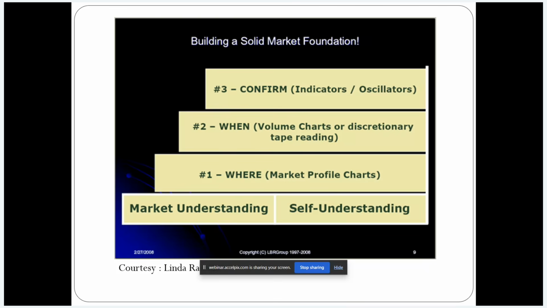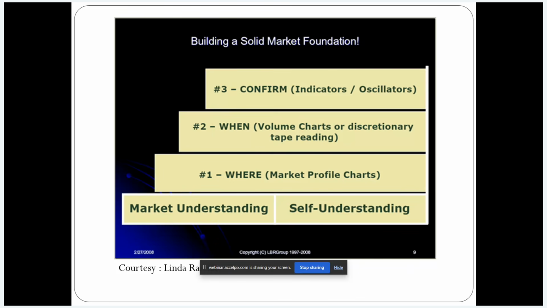One trader will have strong market understanding, and he doesn't know about himself. And there will be one trader who understands himself very well: when he is getting angry, when he is laughing, when he can go aggressive. He will know self-understanding much better than anyone, but he has zero market understanding.